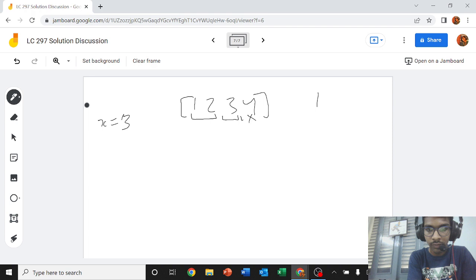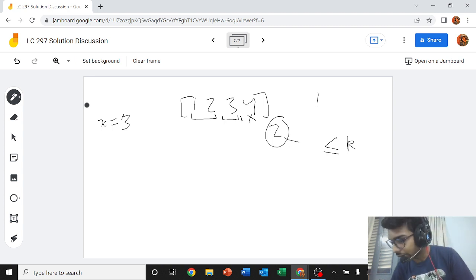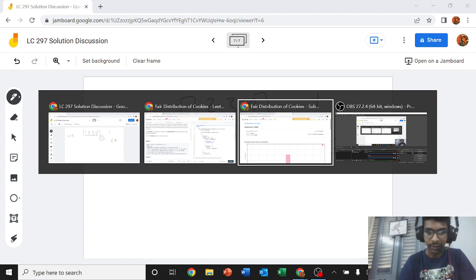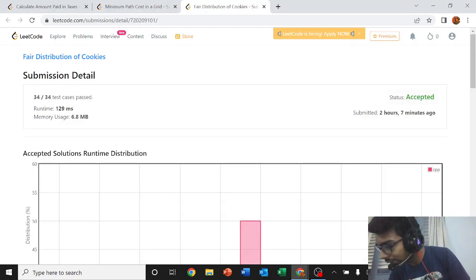So we can have at least 2 children here, and if this particular value is less than or equal to k, that means we can have at most k values, then it is fine. Otherwise, that particular permutation is not possible.